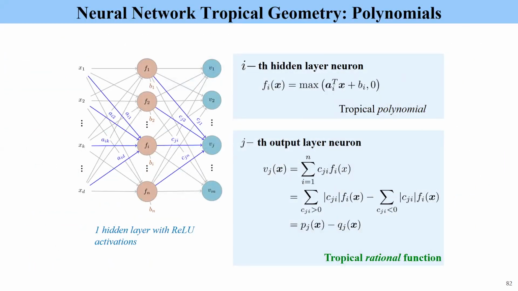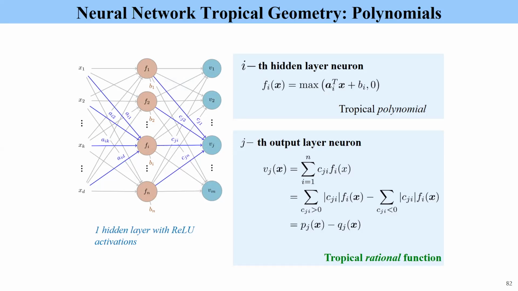Here's the basic idea. Suppose we have one hidden layer with ReLU activations. For the ith hidden neuron, its function is simply the max of an affine term and a zero. This is just a tropical polynomial. For the jth output now, we have a linear combination of these hidden neurons.